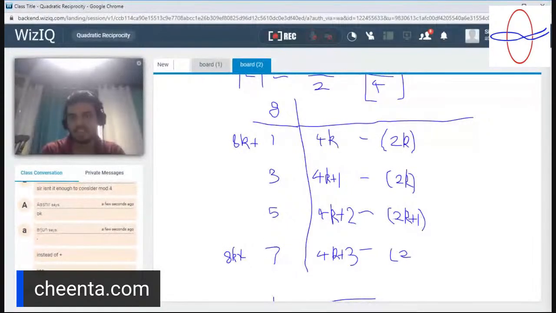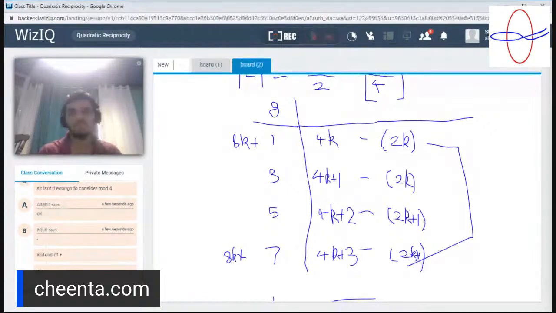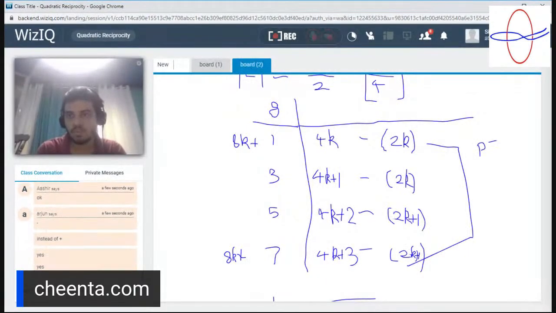We'll find that this value is even in cases of this and this. That is when the prime is congruent to 1 or 7 mod 8. Is this fine? So p congruent to 1 or 7 mod 8.